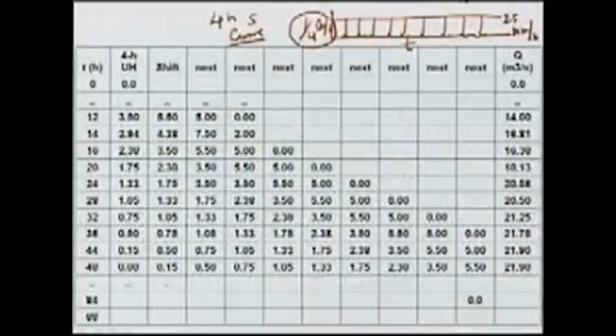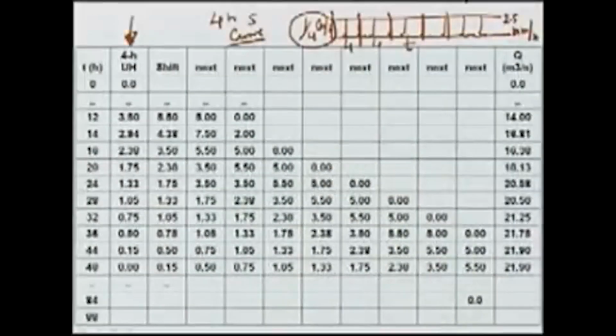So, we do again the same thing, we assume that this is a lot of consecutive rainfalls of 4-hour duration. So, if we have a lot of 4-hour consecutive rainfalls, we can use the shifting method again. So, the first column shows the 4-hour unit hydrograph. We have omitted some data here and here.